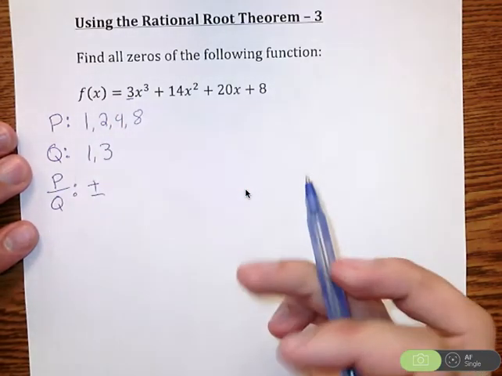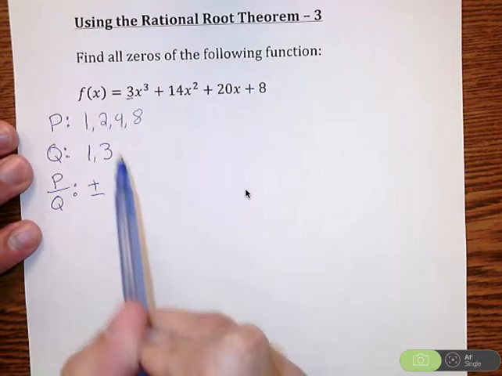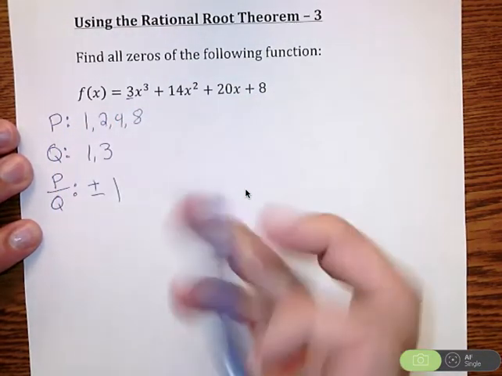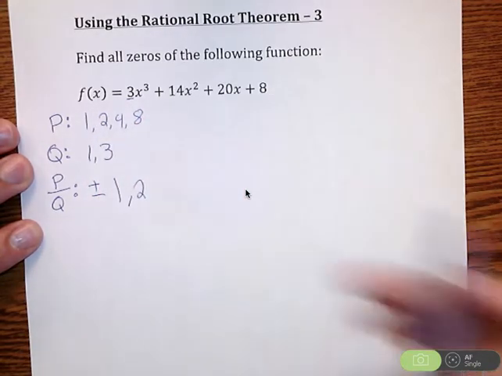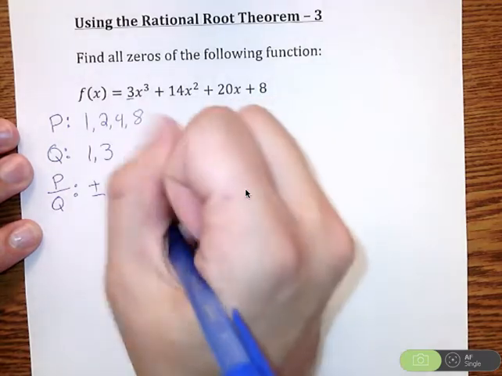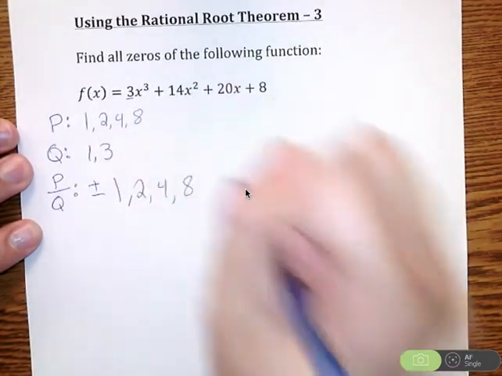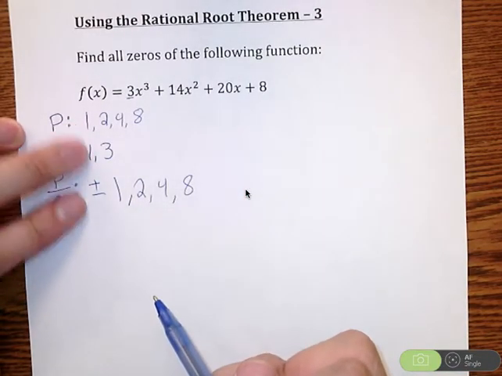It's going to be a list that's positive or negative. We're going to take all of the values in my P list and divide by each of the values in my Q list. So I'm going to do 1 divided by 1, which is 1. 2 divided by 1, which is 2. 4 divided by 1, which is 4. 8 divided by 1, which is 8. And I'm going to repeat that process, but now dividing by 3.